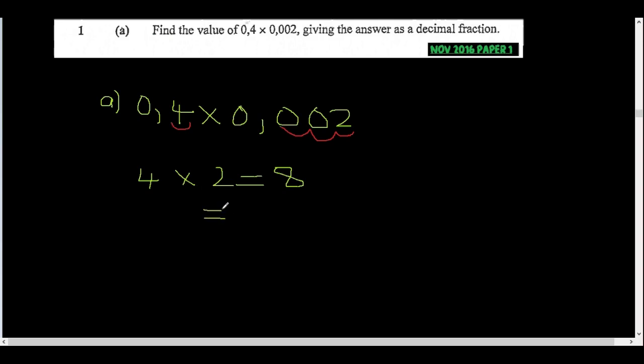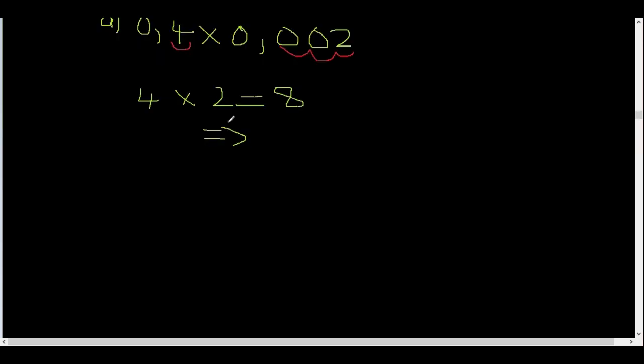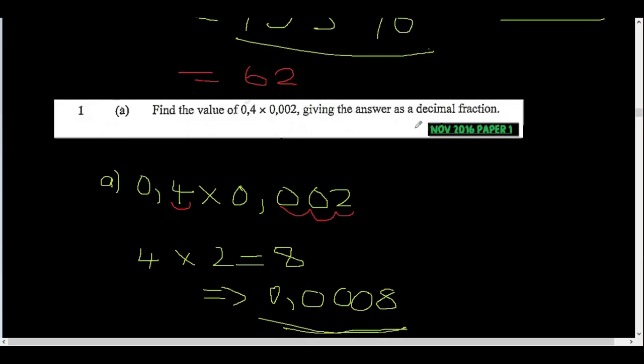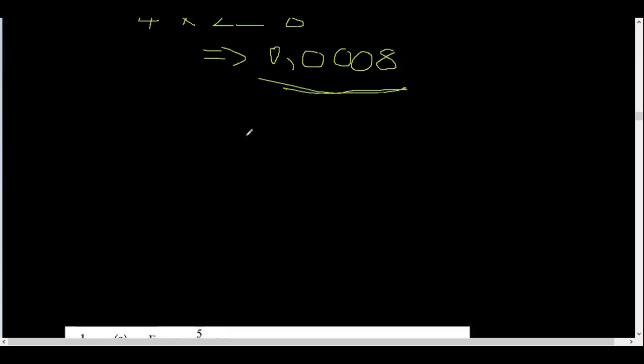Therefore, we must have 4 decimal places after the comma. You get 0,0008. Mind you, the 8 is also included in the number of decimal places when we count. There must be 4 in all.